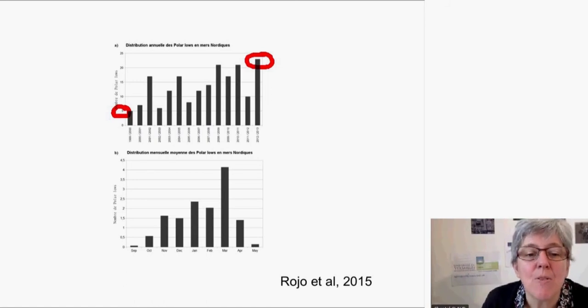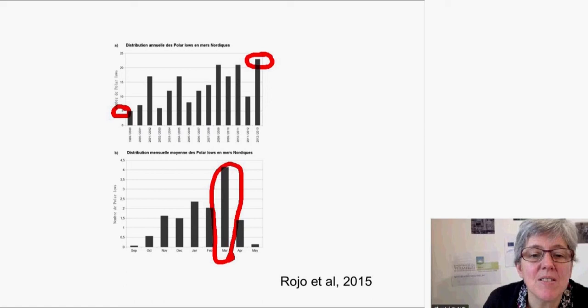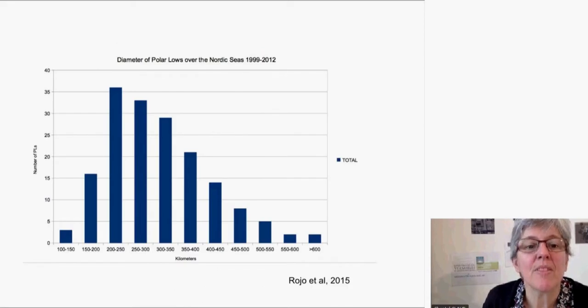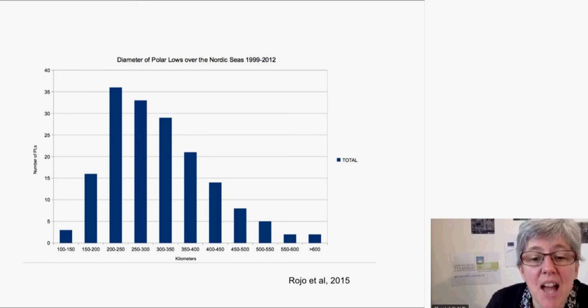If we look now at the months where you have the maximum of polar lows, you see clearly that this is the month of March, which is the period of maximum activity, followed by January. You do have a kind of small activity in October or in April, May, but this gives you an idea of the interannual and seasonal variation of polar low distribution. Here, what I show is the size of the polar lows, okay?